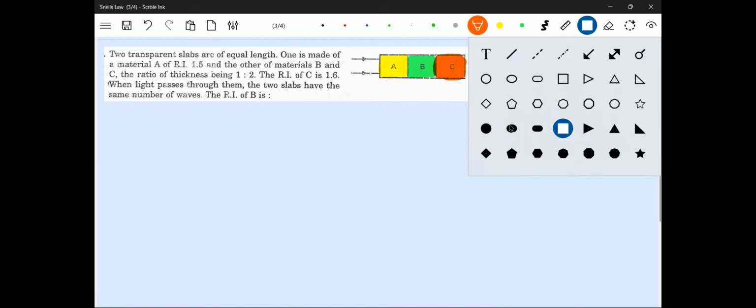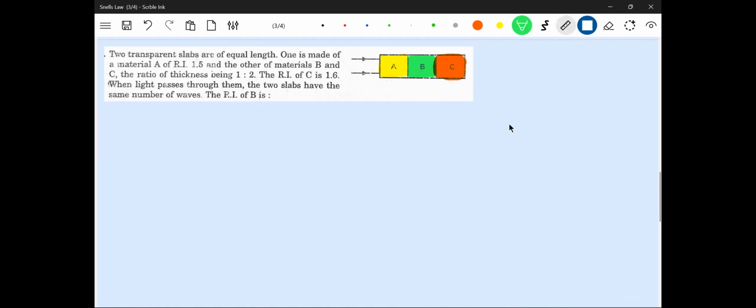I'll give a better diagram. So we have this one slab.